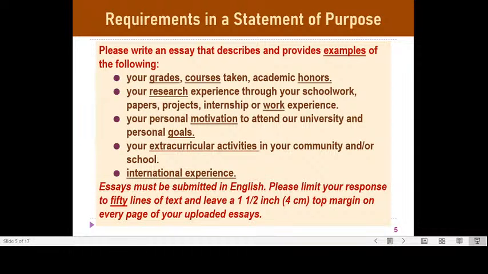Now, requirements in a statement of purpose. This is an example of a statement of purpose. Requirements.